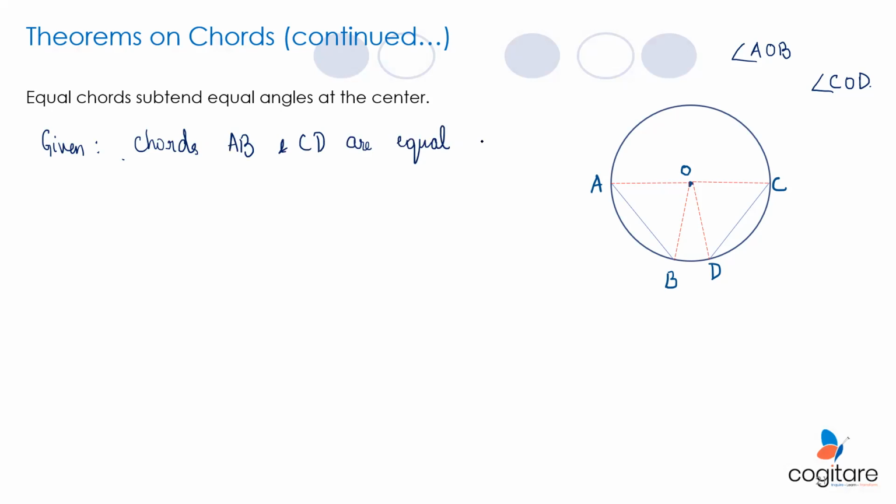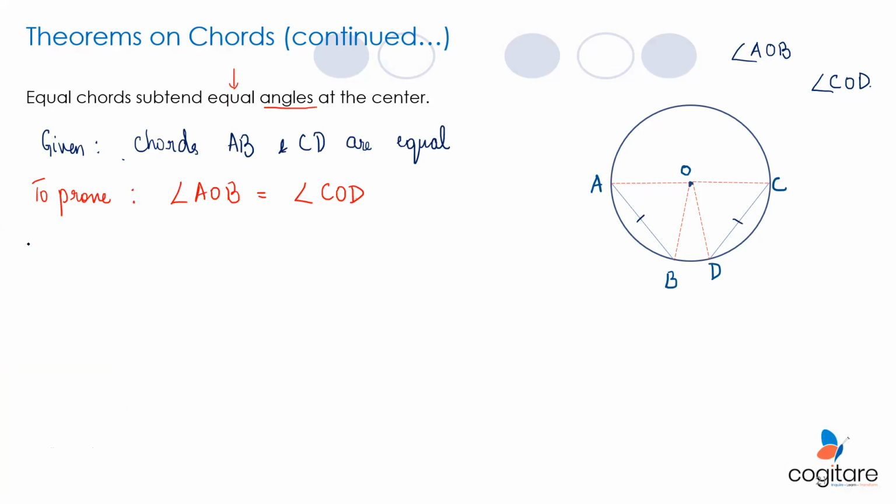And as always, I ask you to mark what is given in the diagram, because a diagram speaks 1,000 words, right? What do we need to prove, guys? We need to prove that angle AOB is equal to angle COD, because we are talking about the angles subtended at the center being equal.